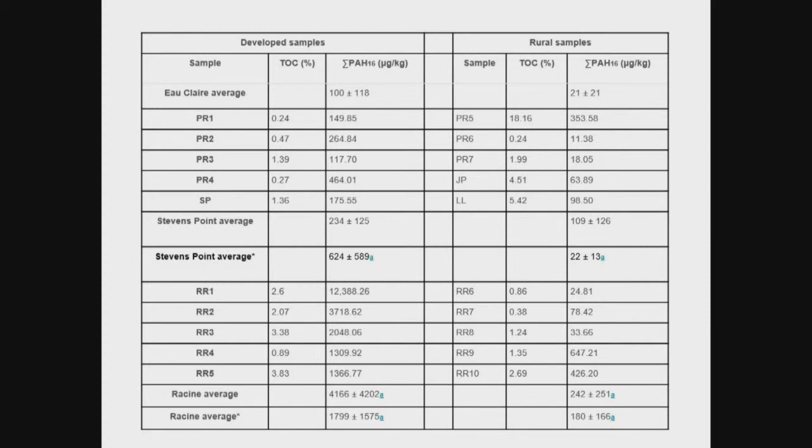And so when we normalized that, it actually dropped the urban average down to 1,800, but 1,800 compared to 600 for Stevens Point and 100 for Eau Claire. And then the rural sample there, though, was also still low, 180. So you can see we definitely don't see much PAH contamination in the rural areas, and we see fairly significant as we get into those urban areas.